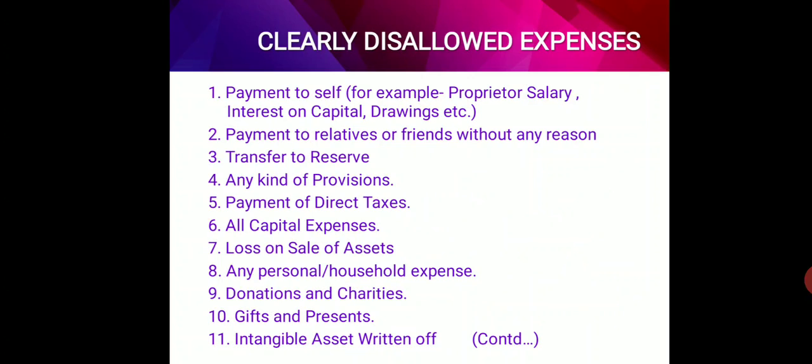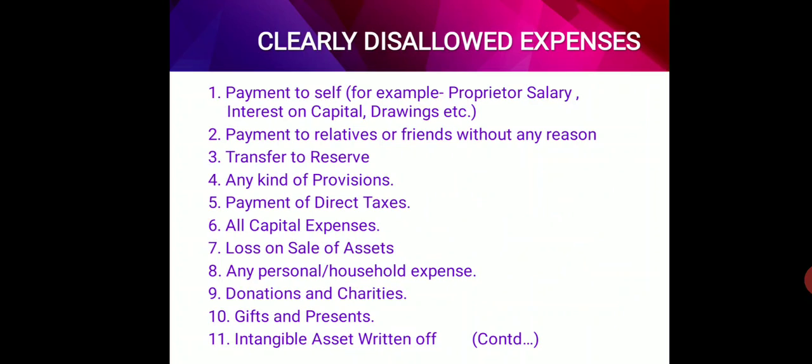Payment to relatives or friends without any reason, or transfer to any reserves or provisions, payment of direct taxes like income tax, etc., all capital expenses, all personal or household expenditures, any loss on sale of assets will be disallowed expense. So these will be added back in net profit as per P&L account when first format is followed.